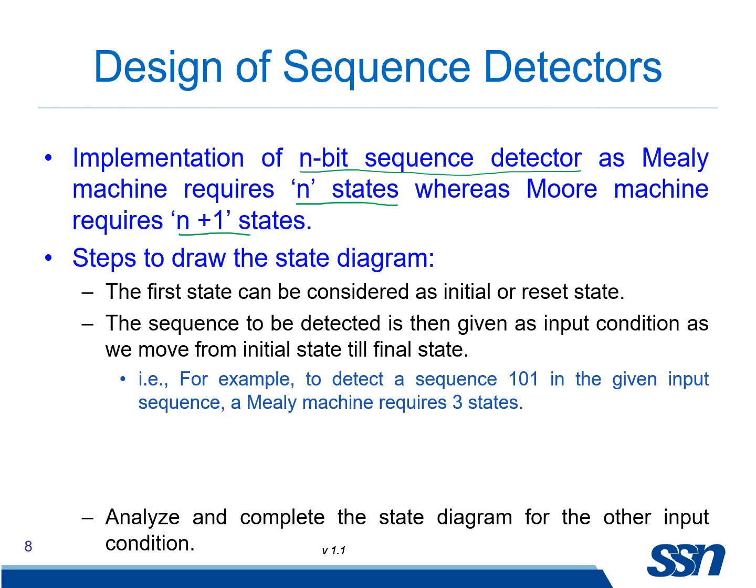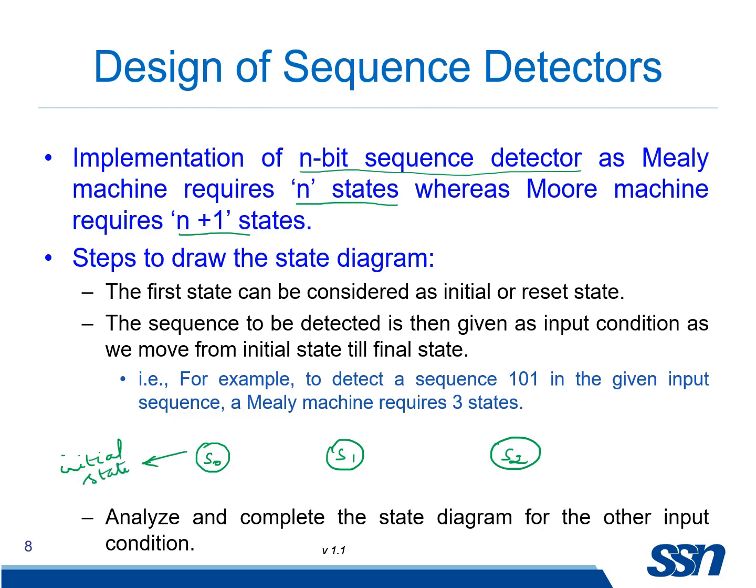Let us consider this example: you have to detect a sequence 101. So we require 3 states. Let us simply name them S0, S1 and S2. Here the first state, S0, is considered the initial state or the reset state.